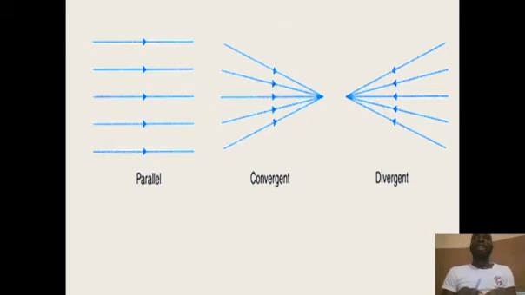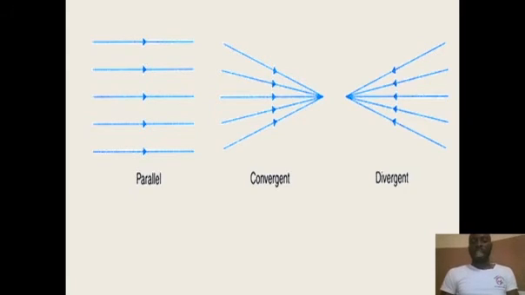Then there is the one we call divergent, coming from one source and scattering in different directions. We call it a divergent beam of light. How many types of beam did I mention? I mentioned 3 types. The first is the parallel beam, the second is the convergent beam, and the third is the divergent beam. I hope you are following this class.